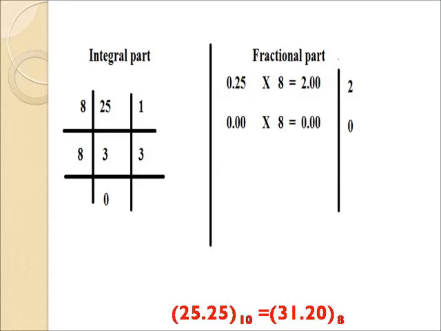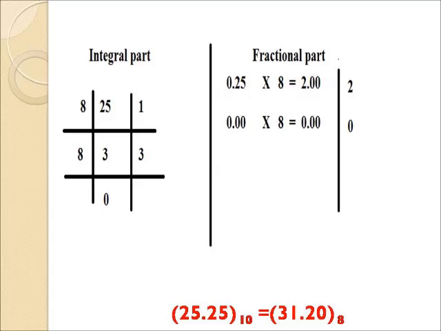Like in the case of decimal to binary conversion, we arrange the remainders from bottom to top. So it will be 31. So the octal equivalent of 25 is 31.